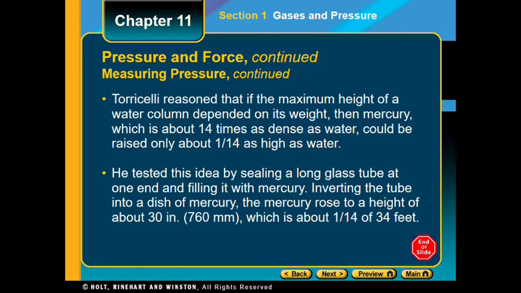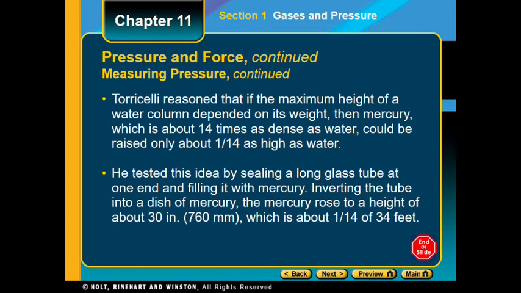Because mercury rose to a height of about 30 inches or 760 millimeters. That's about 1/14 of that 34-foot height that we just looked at. So it is going to depend on the substance that you have, but there is a correlation there.